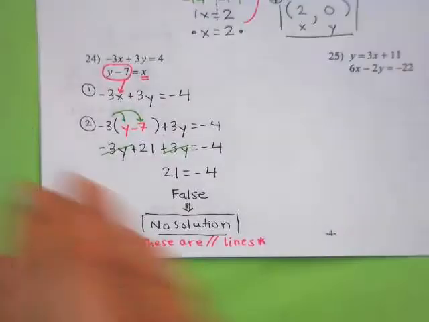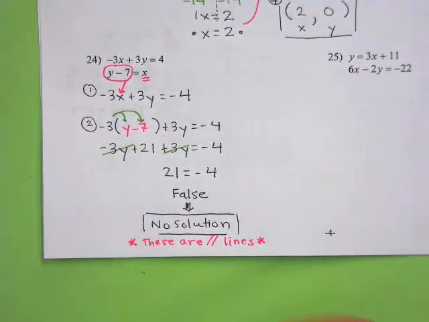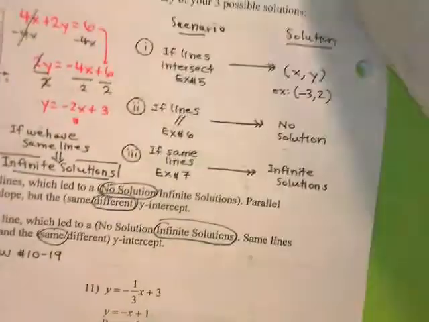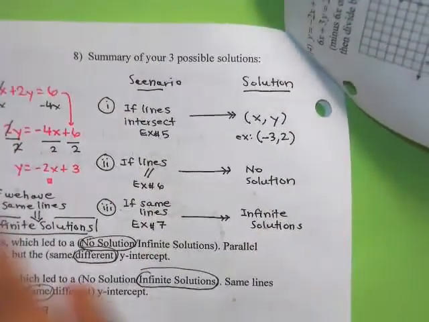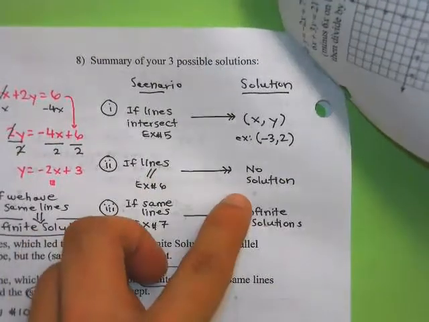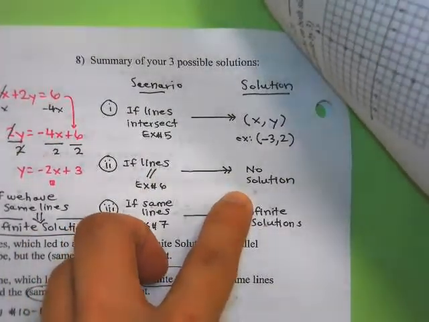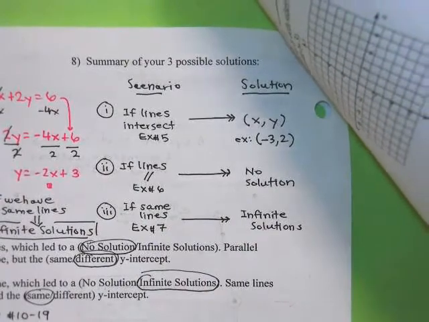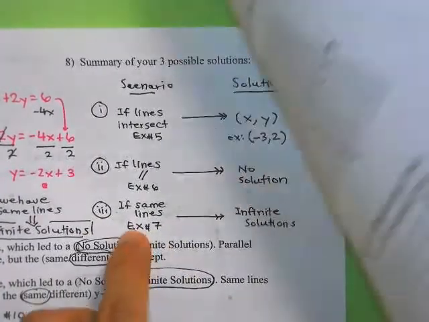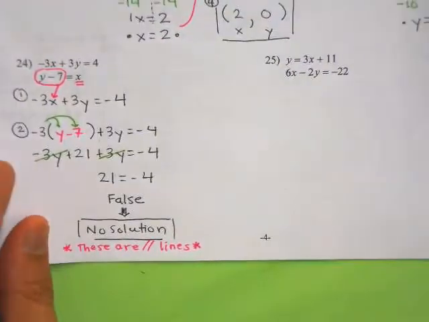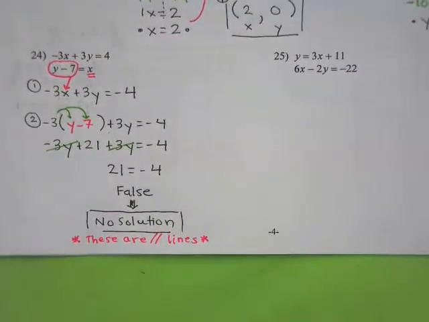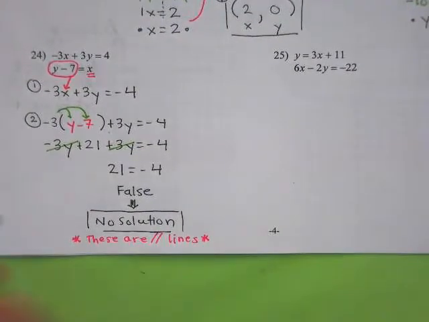And this information is in line with what we've done last week. Because last week, when we did graphing, we had this summary right over here on number 8. If the lines are parallel, then we write no solution. Hopefully I'm connecting a lot of things together from last week and this week. We have a no solution over here based on substitution. It just means that the parallel lines are not going to intersect at all.